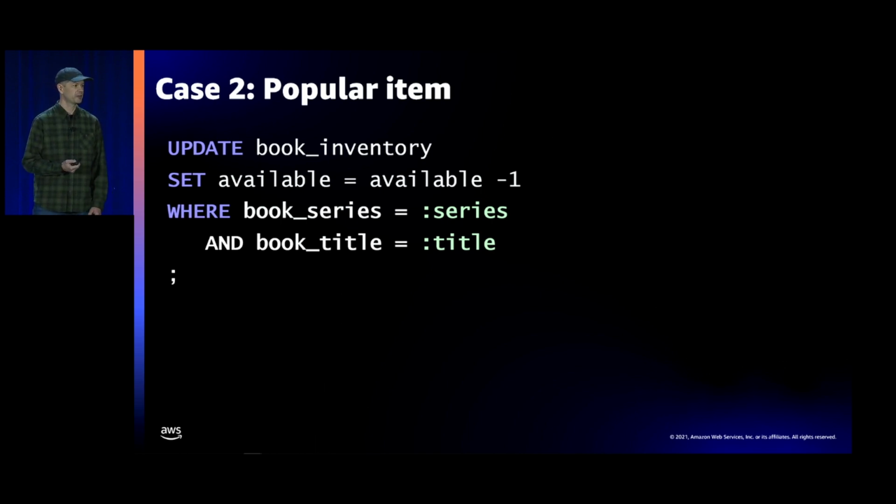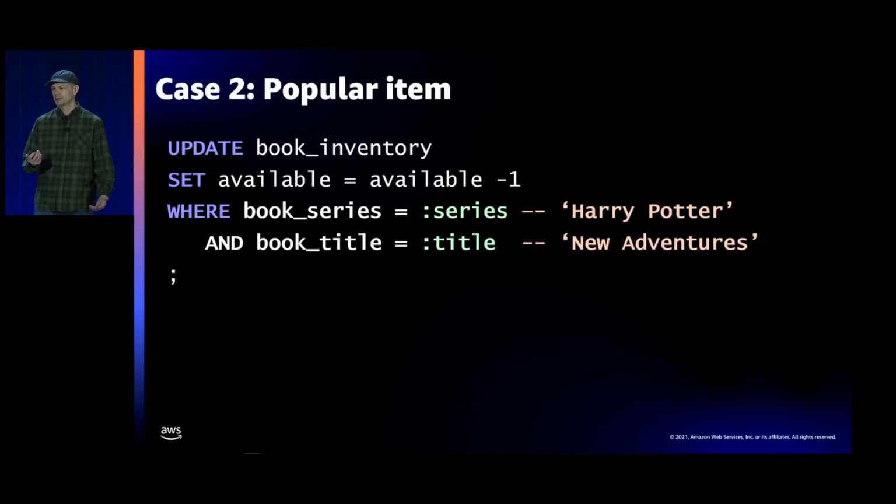Well, what's going on? It turns out that the new Harry Potter book is out, and many people seem to want to buy it, which makes it a very popular item in your catalog, and in turn causes lock contention on your database.